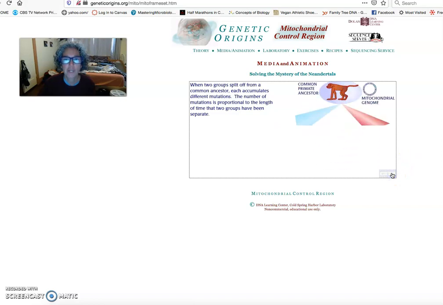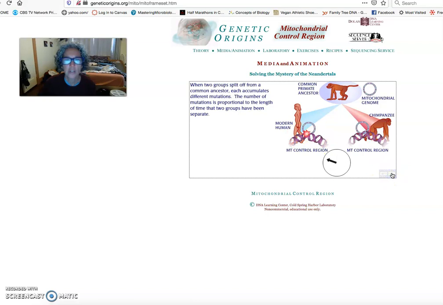There's our common primate ancestor and its mitochondrial genome. Modern ape and us. The clock going round and round with accumulations of mutations, and we can predict how long ago those species separated.